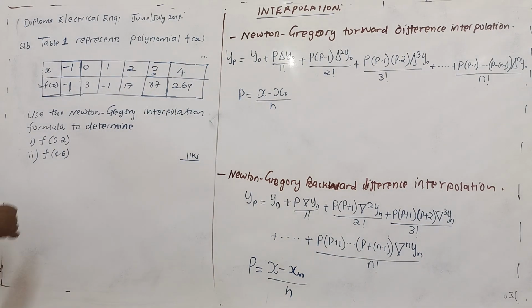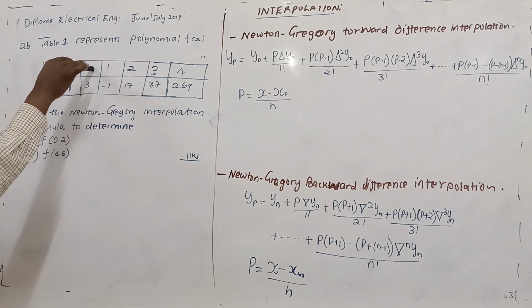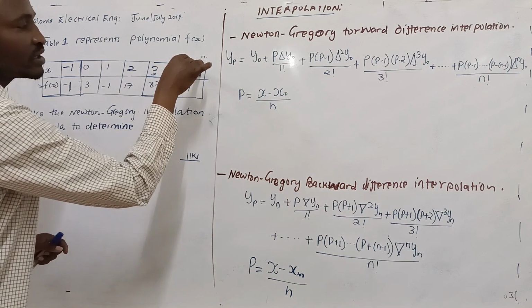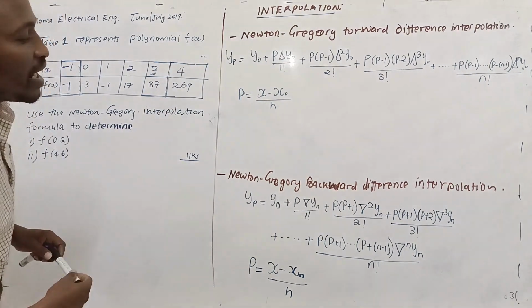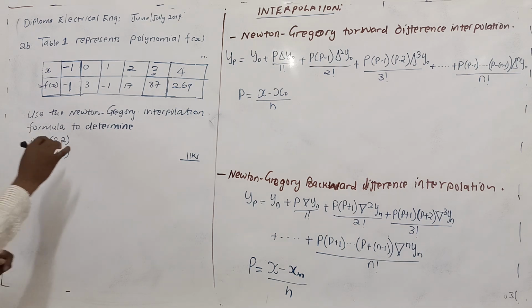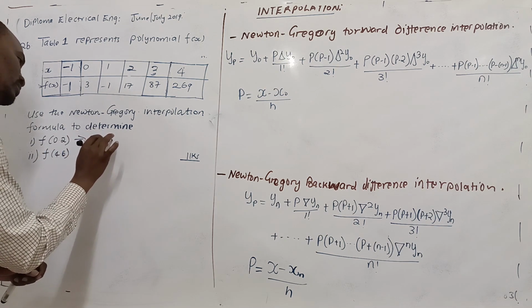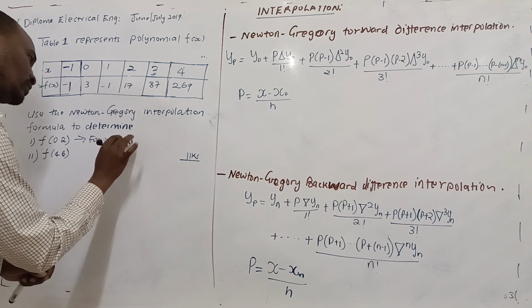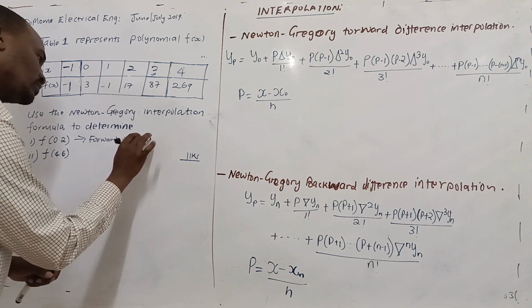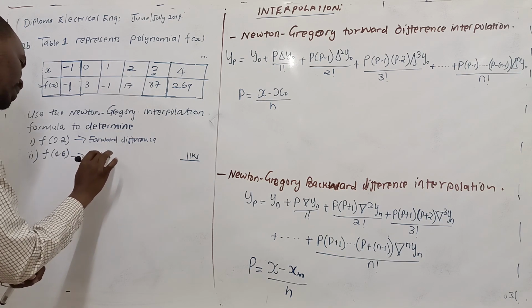So here I'm going to use the Newton-Gregory forward interpolation formula, and here I'm going to use the Newton-Gregory backward difference interpolation formula. This one I'll use forward difference interpolation. This one I'm going to use backward difference interpolation.